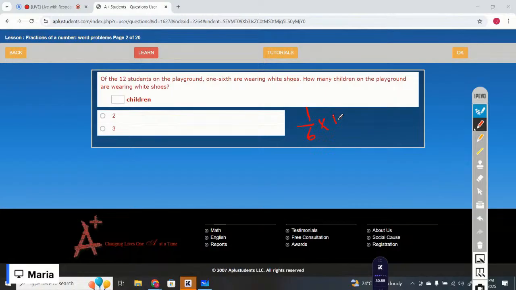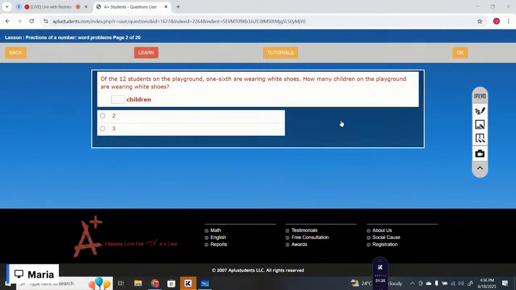So 1 by 6 times 12. So 12 times 1 is 12 and 6 times 1 is 6. So 12 divided by 6 is, that is 2. Option number 1 is the correct option.